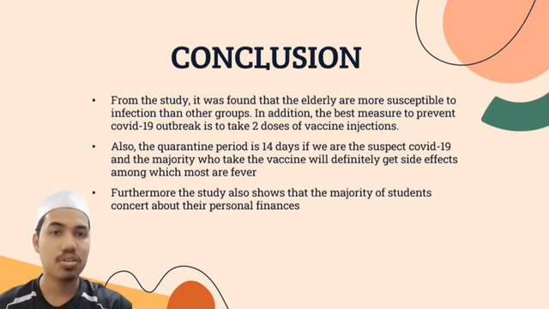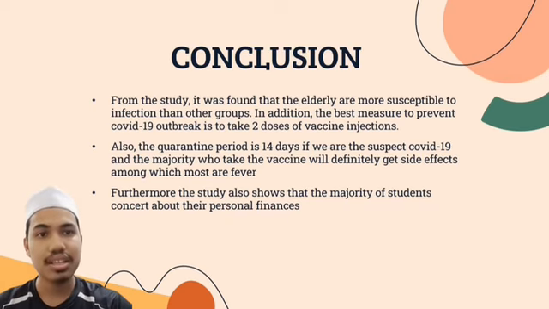Next is the conclusion. From the study, it was found that the elderly are more susceptible to infection than other groups. In addition, the best measure to prevent a COVID-19 outbreak is to take 2 doses of vaccine injection.